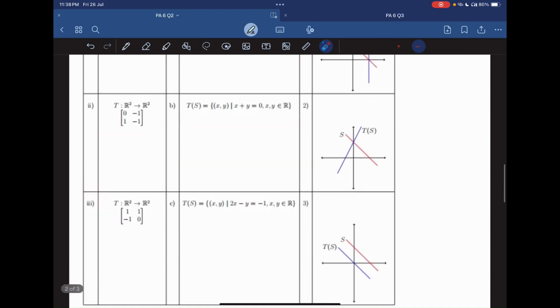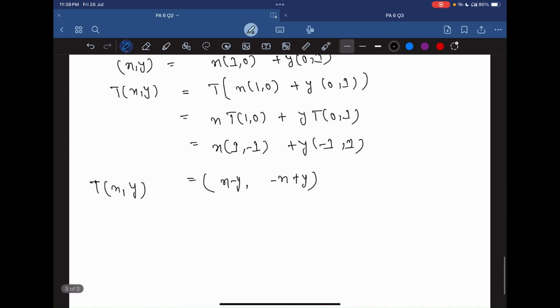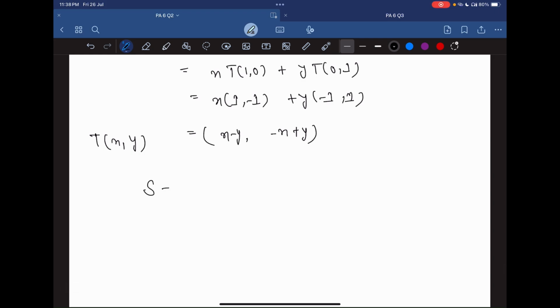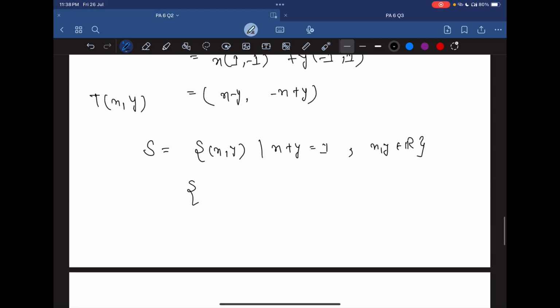Now our goal is to find the image of the linear transformation with respect to the given set S. So again, our set S is the set of all (x, y) such that x plus y is equal to 1 and x, y are real numbers. So that means these are basically the set of (x, 1 minus x).